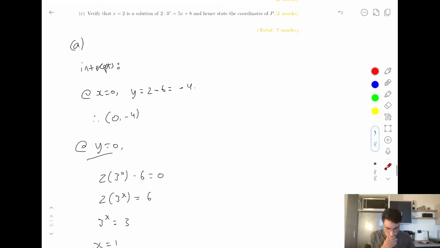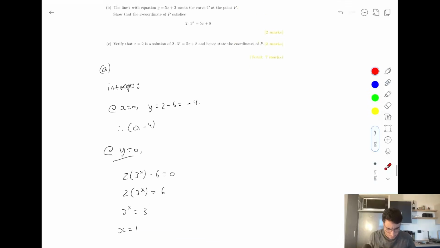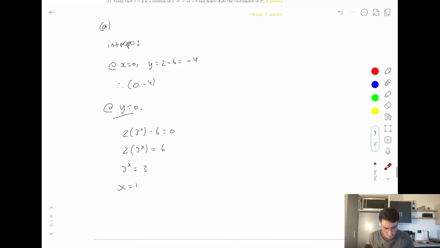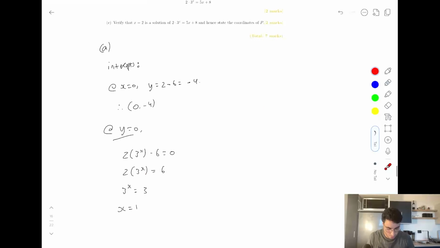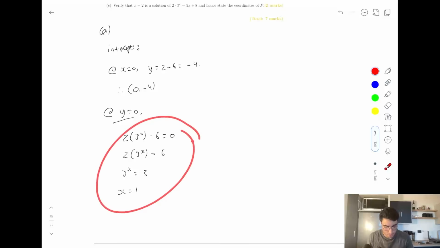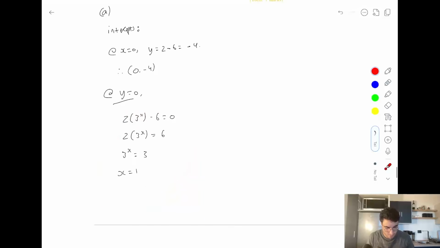Well, sorry, that's my fault. That's our intercept there. And as you can see, for our y-intercept, this time it wasn't 0, 1. This time we got 0, negative 4, because we're shifting here. So an important point: this is our other intercept, which is 1, 0.